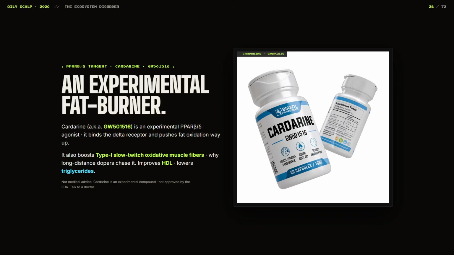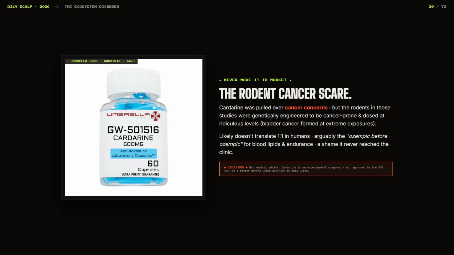But research has shown it can improve blood lipid profiles by increasing HDL, the good cholesterol, and lowering triglycerides. It's kind of a shame that this drug never made it to market due to some stupid cancer scares that were mostly observed in rodents. And those rodents were, I'm pretty sure, genetically modified to have bladder cancer issues already.